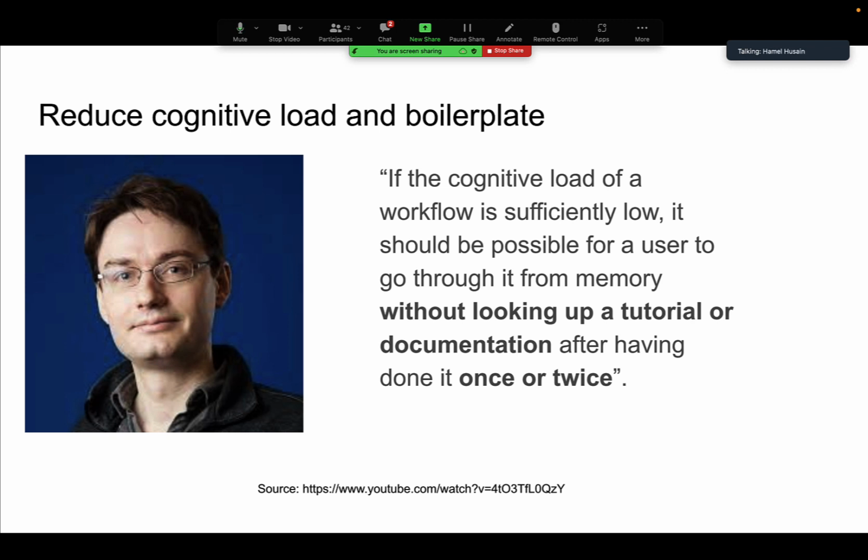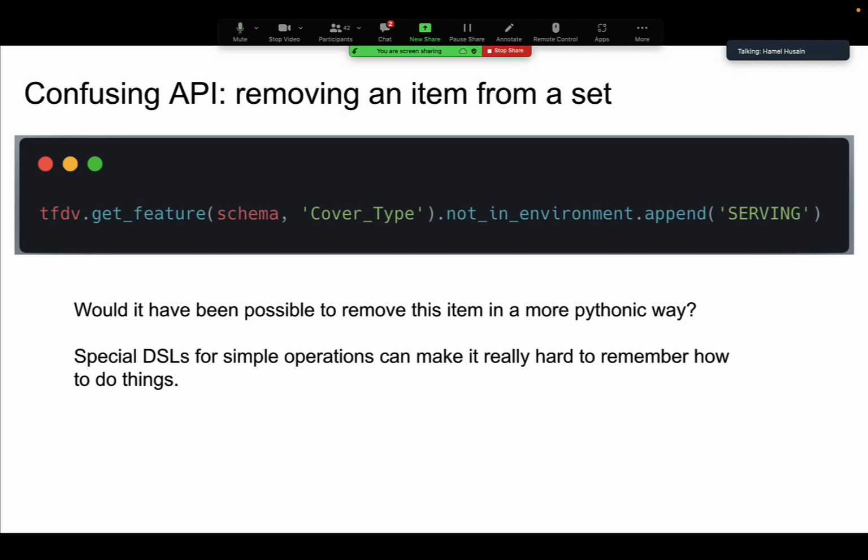Another principle that Francois outlines is that APIs should reduce cognitive load and boilerplate. You shouldn't have to look up things in tutorial documentation to do very trivial things.